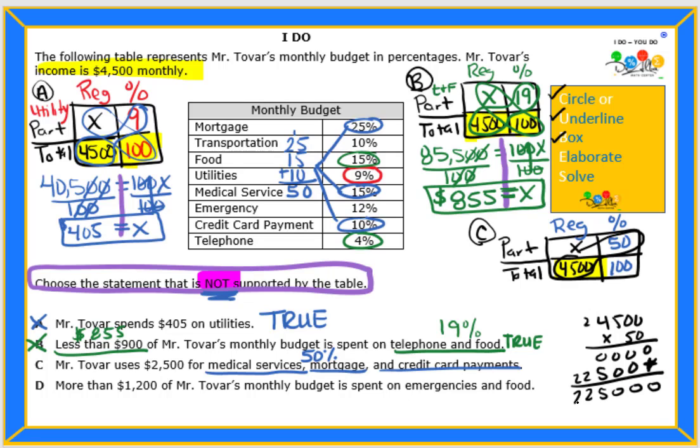So that's going to be 225,000. Let's go ahead and write that here. 225,000 is equal to, on this side, 100x.